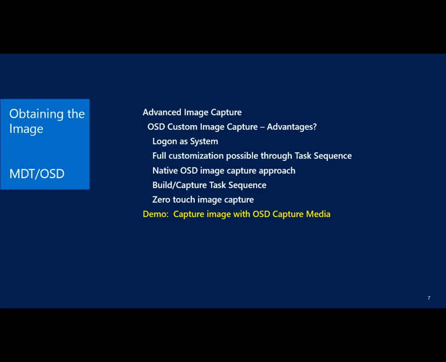And then lastly, zero touch image capture. So the whole idea of OSD is that there is zero touch. In 2012, it's actually gotten a bit more flexible to allow light touch because some scenarios and some customers really prefer that.